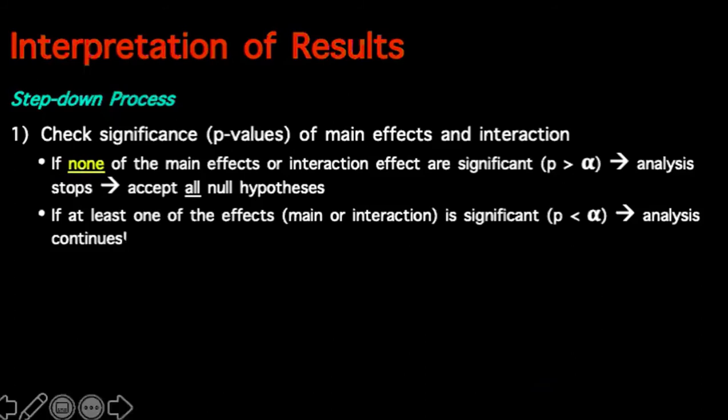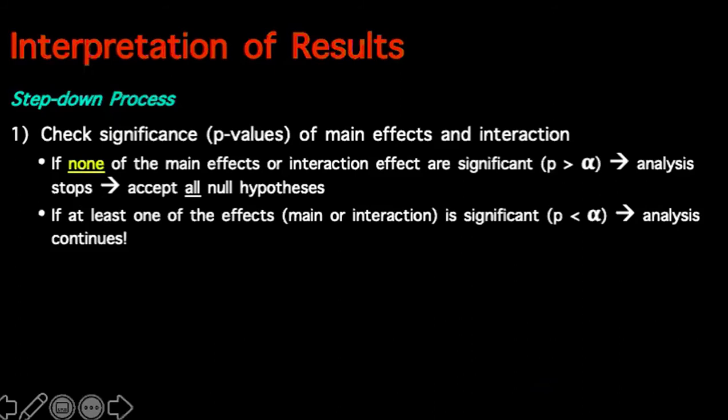But if you have at least one significant effect, either the main effect or interaction effect, where p is less than 0.05 or less than alpha, your analysis continues, but only for the significant effects. So let's say that your main effects are significant, but your interaction effect is not. In that case, you accept the null hypothesis saying there's no interaction between the two independent variables. And then you would still look at the post hoc tests for the main effect since those were significant, okay?